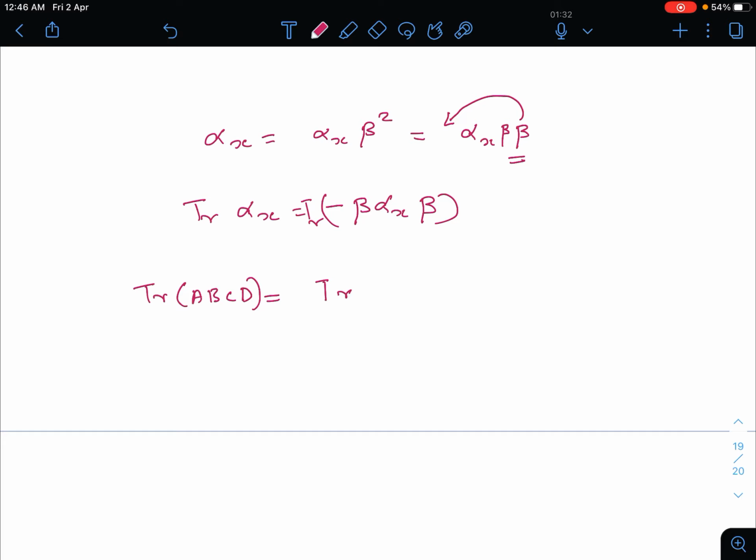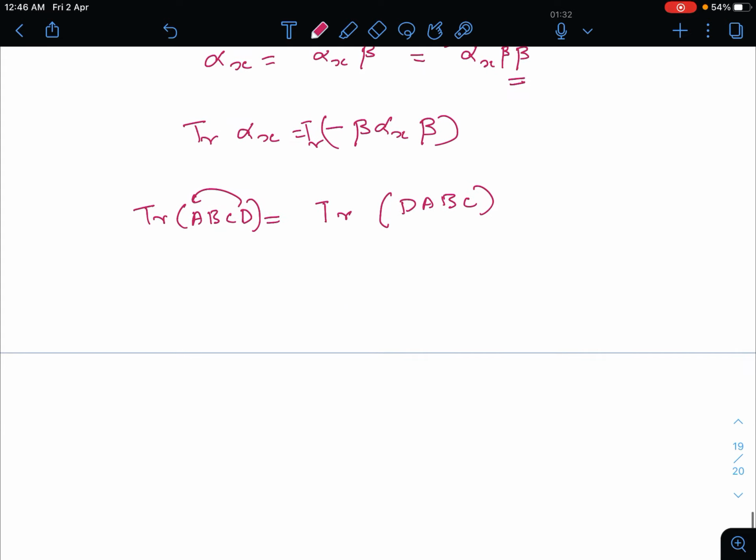So that is again equal to, by the matrix properties, the trace is invariant under cyclic order. So the D, A, B, C, and any cyclic order, no problem.